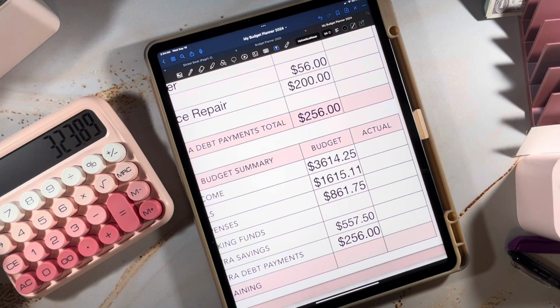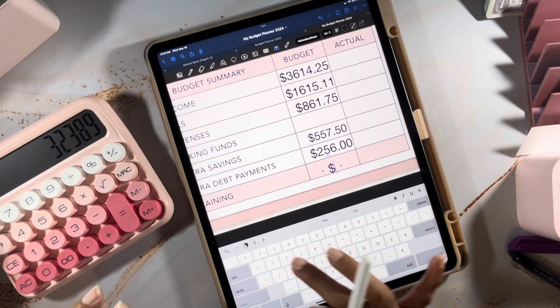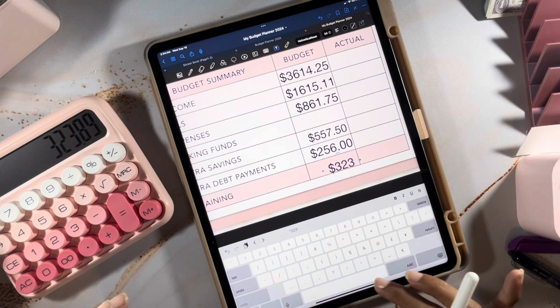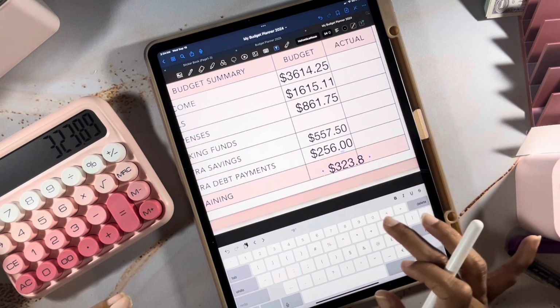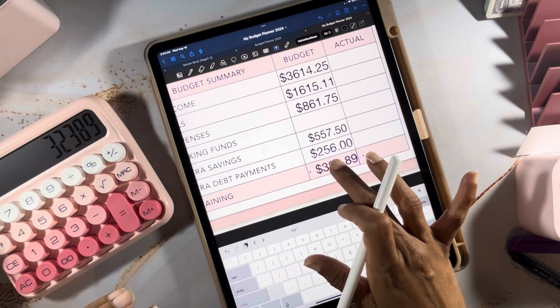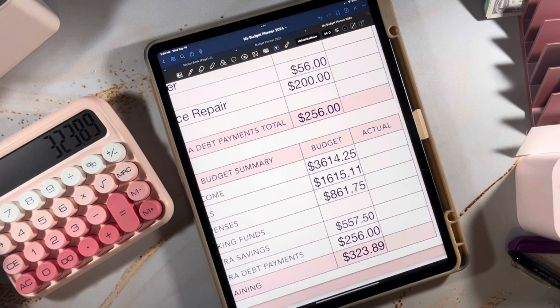Wow. Okay, so it says that I have $323.89 left over. So I'm going to go ahead and put that here. 323.89. Okay, so that is how much I have left over.